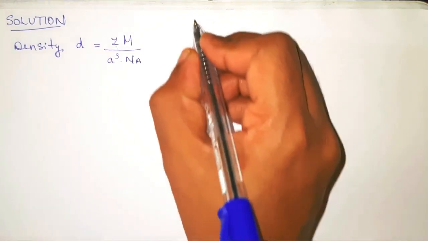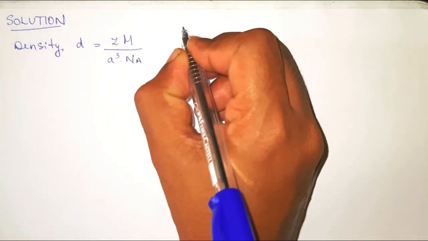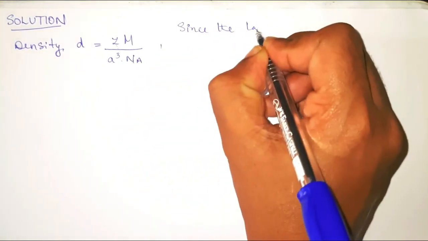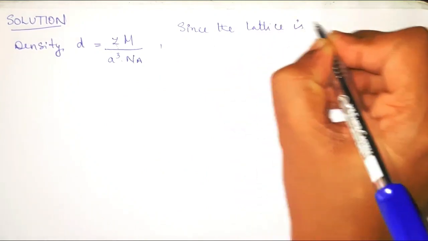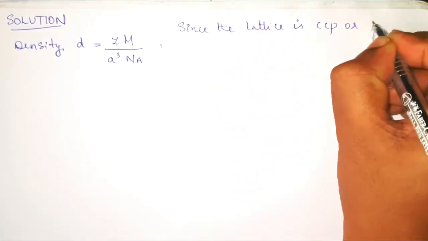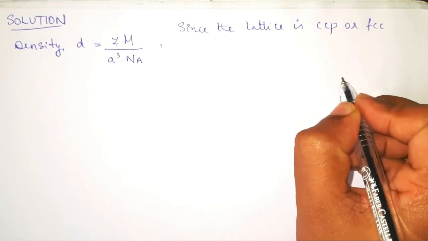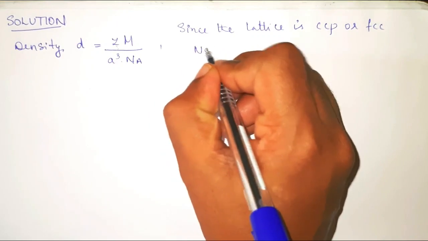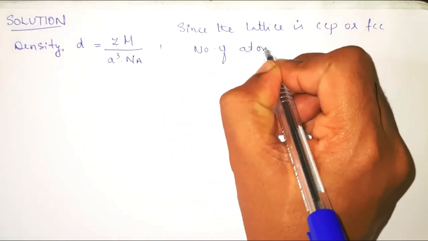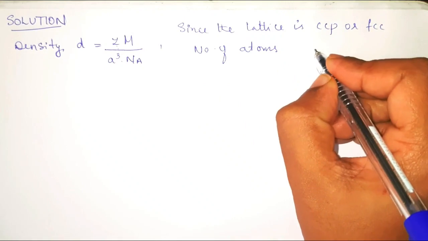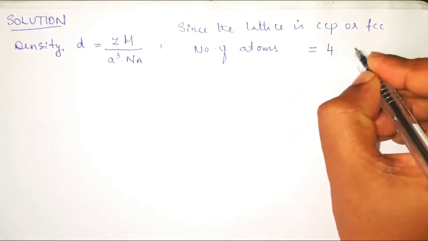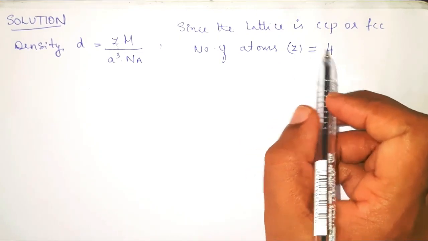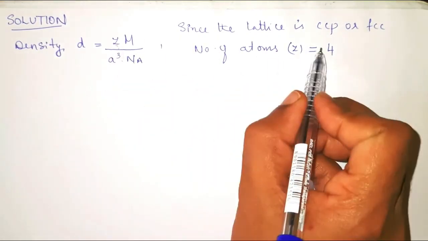Since the lattice is CCP, or FCC, the number of atoms per unit cell is 4, and that is Z. So Z is 4.